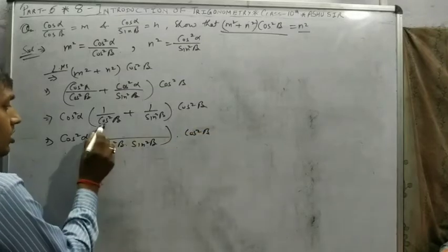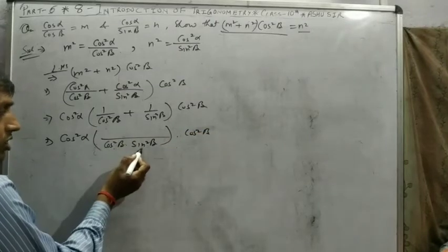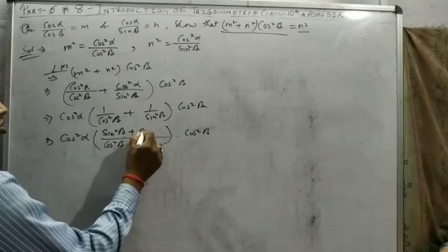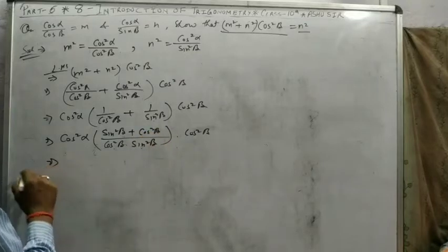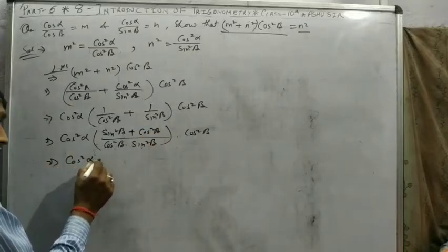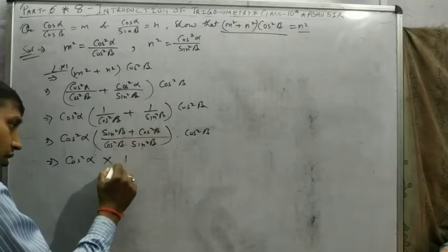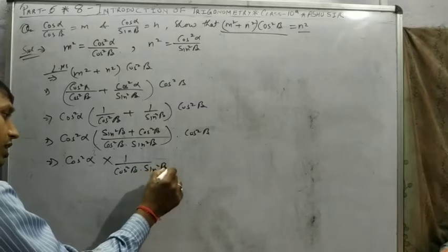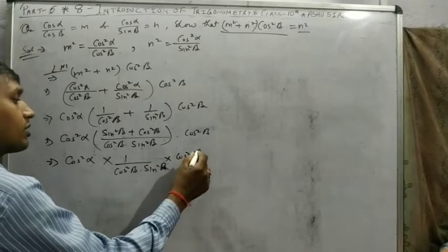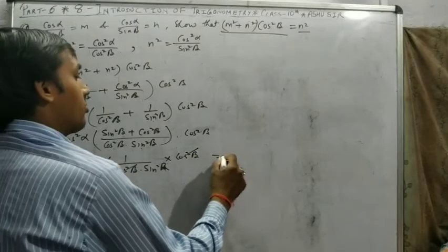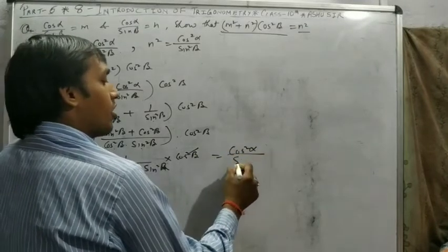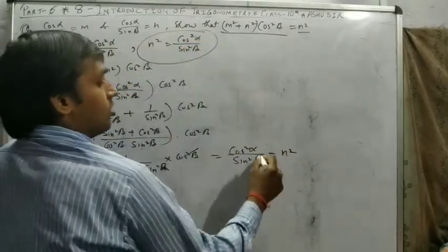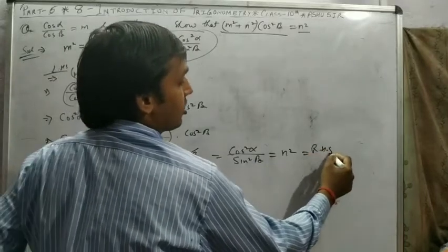Cos square beta cancels, sin square beta into 1, and you know sin square beta plus cos square beta is 1. So what remains is cos square alpha upon sin square beta, and that is n square. That is RHS.